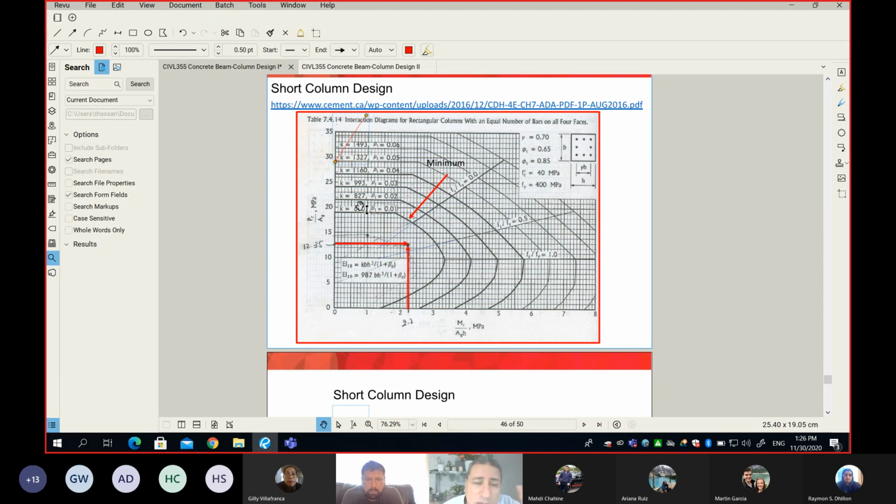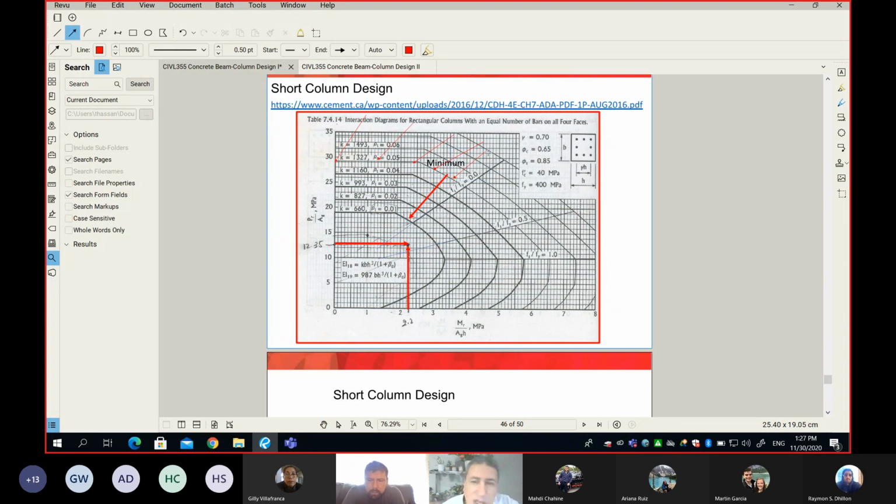So it means my column is subject to pure axial force, centric, no eccentricity at this point. And as we go along the curve, any curve, doesn't matter, the eccentricity keeps increasing along the curve. So all these points have more eccentricity, but still all the section is in compression.